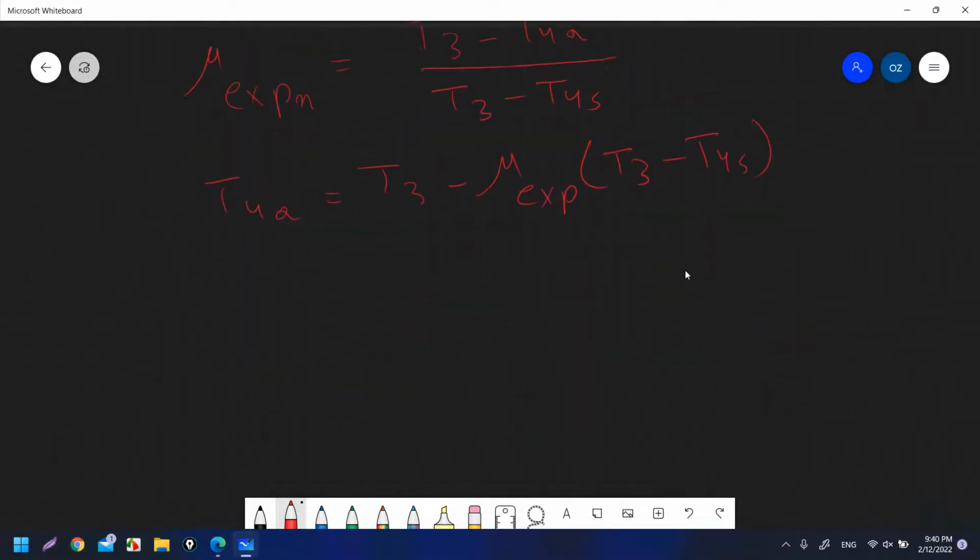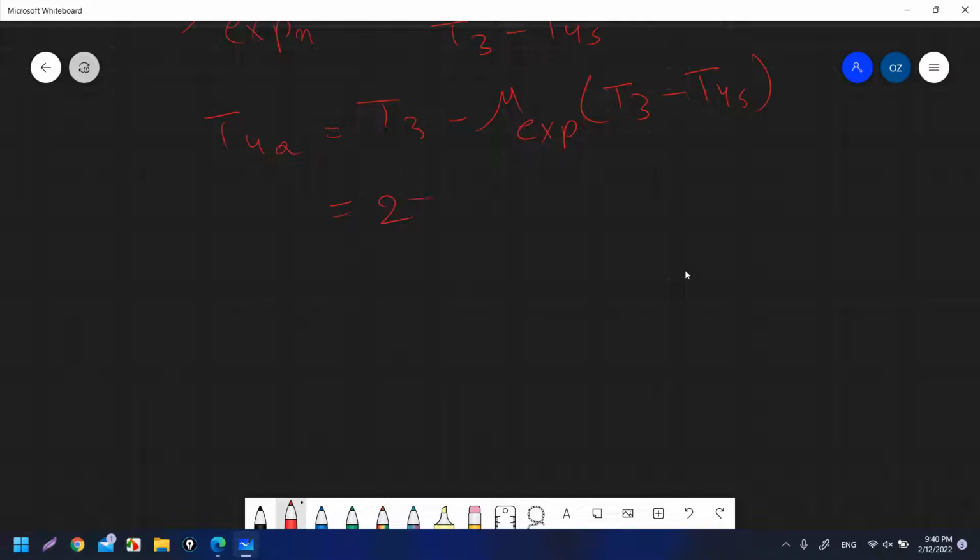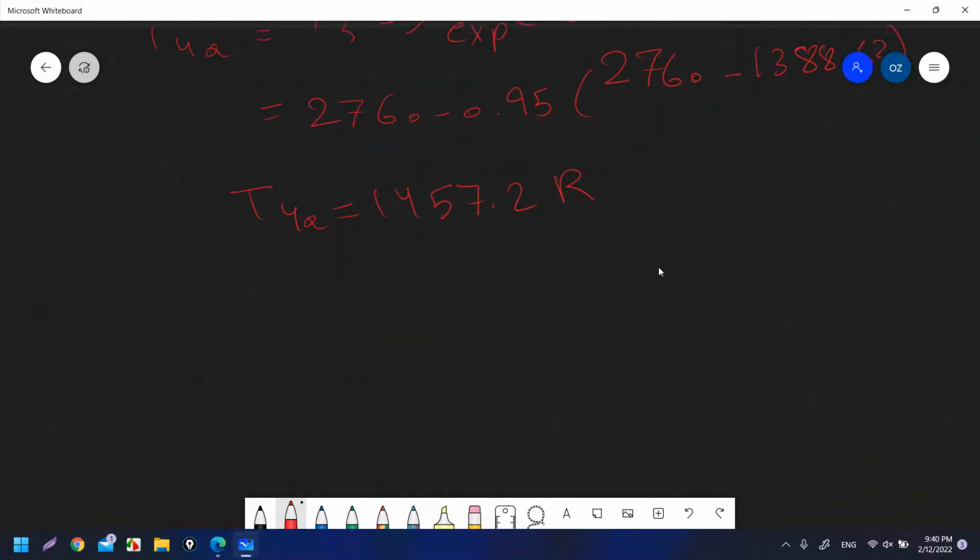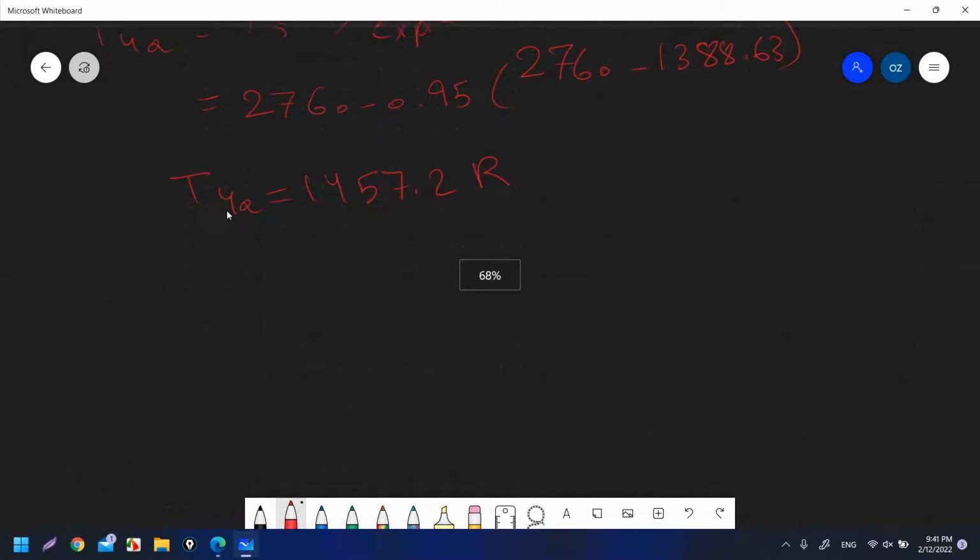T3 is 2760, and the isentropic efficiency for the expansion is 0.95. T3 is 2760 minus T4S, 1388.63, and it will give you T4A equal to 1457.2 Rankine.